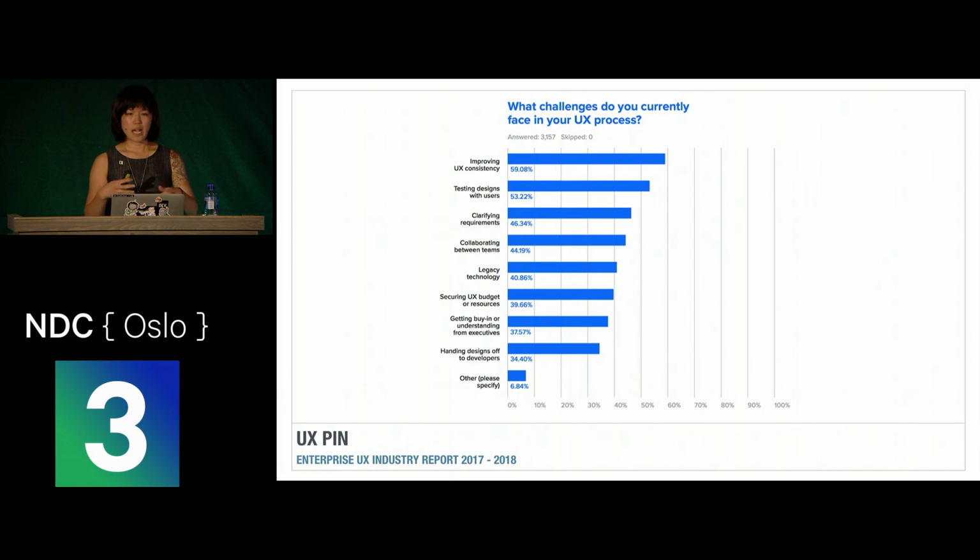All of these things are kind of working with your product manager and your designers if you are a developer. There's also collaborating between teams and getting buy-in or understanding from executives, and then handing off designs to developers. So it's a lot of interpersonal connection between people that you work with or the users that you may create products for.